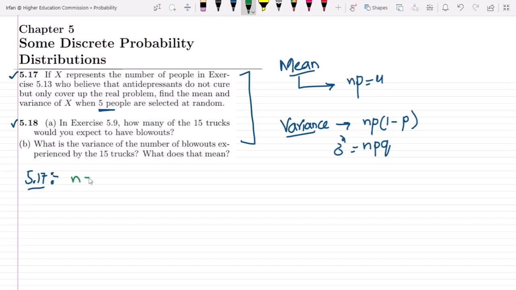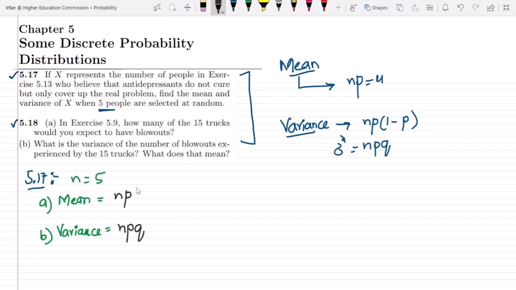Here the number of people is 5, and we have to find out (a) the mean and (b) the variance of it. As we know, the mean is equal to np, and the variance is npq.